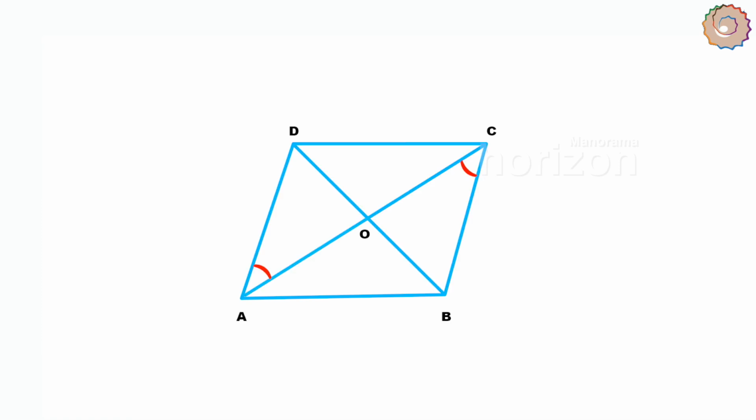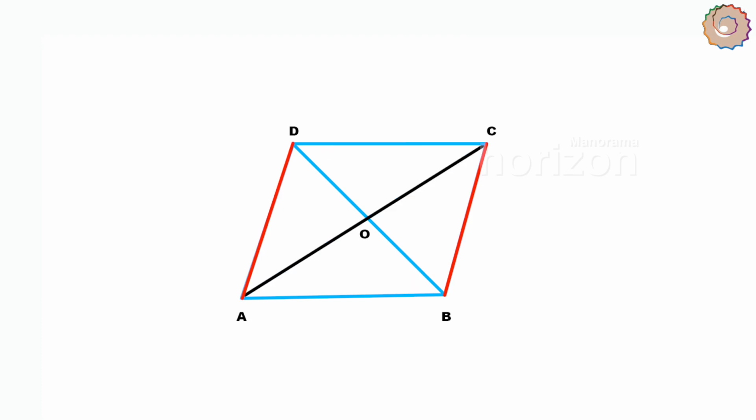Therefore, angle OAD is equal to angle OCB by CPCT, that is corresponding parts of congruent triangles are equal, equation number 1. Similarly, we can prove triangle AOB is congruent to triangle COD and therefore angle ABO is equal to angle CDO by CPCT. Mark it as equation number 2.